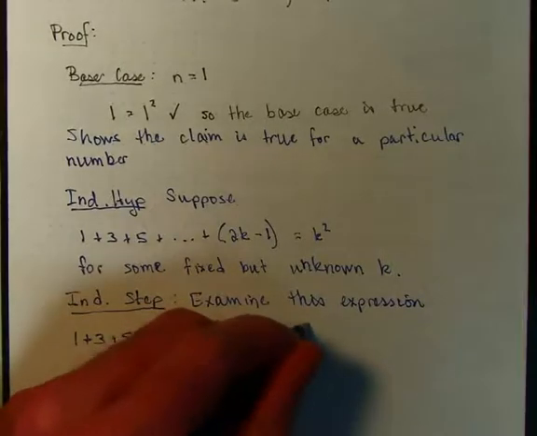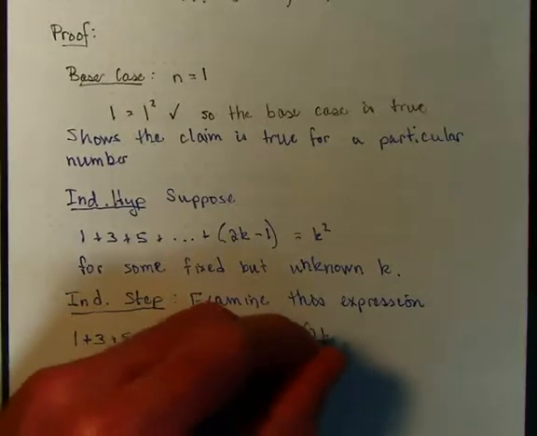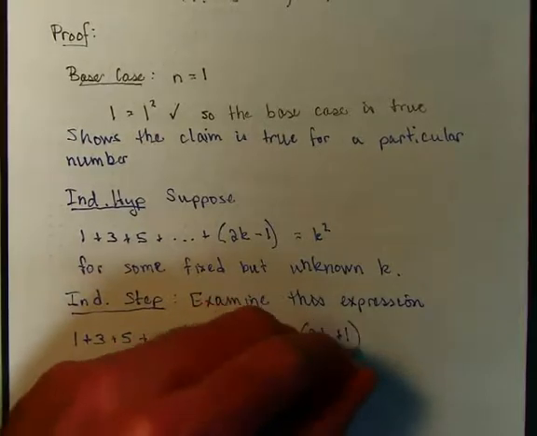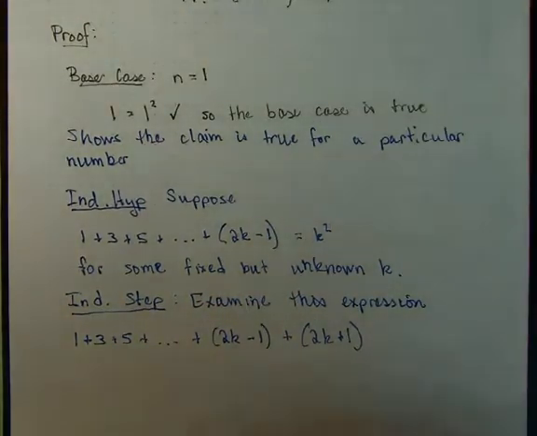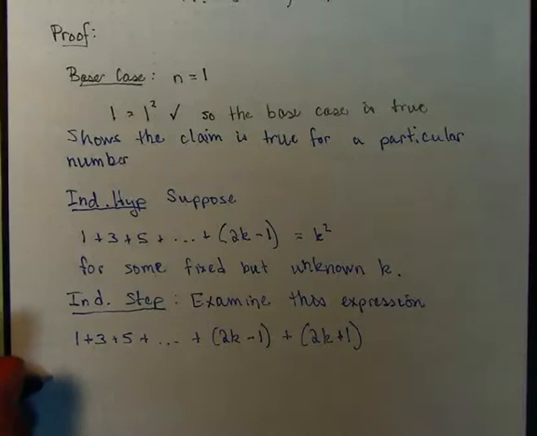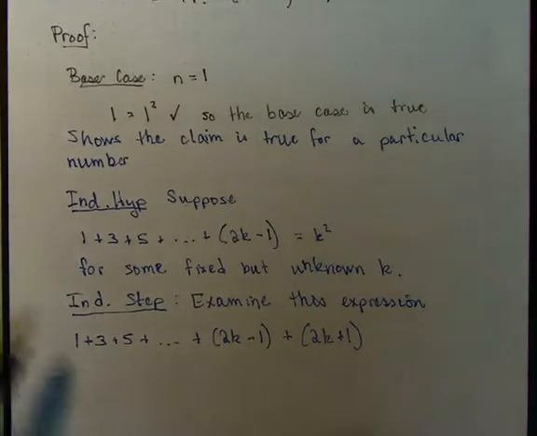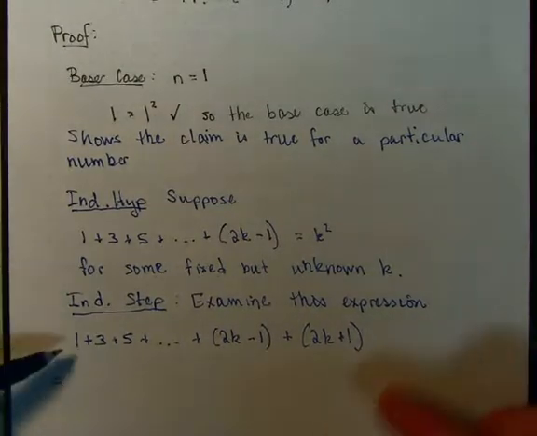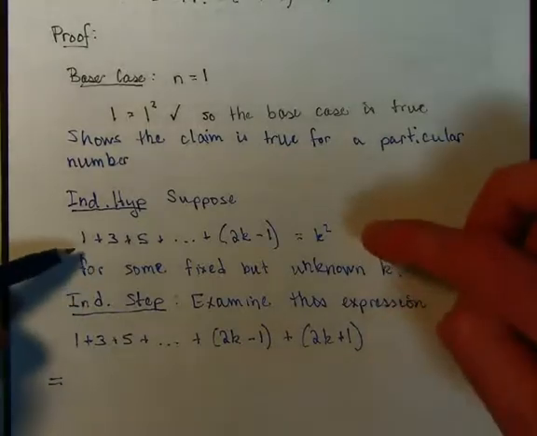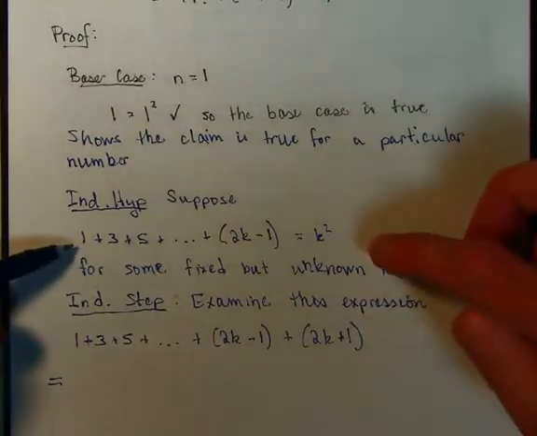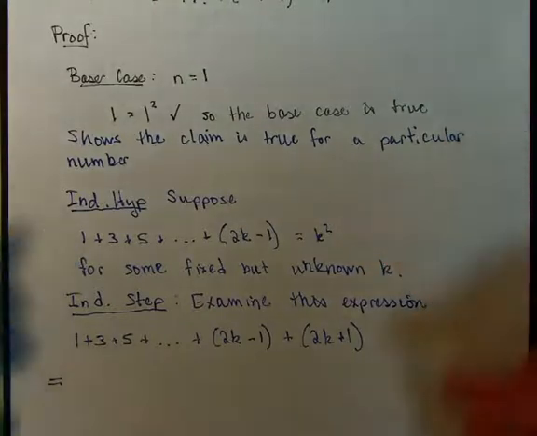And I'm going to go ahead and add in the next odd number, which would be 2k plus 1. Now, I want to see what we can infer about this expression using the hypothesis as a basis.